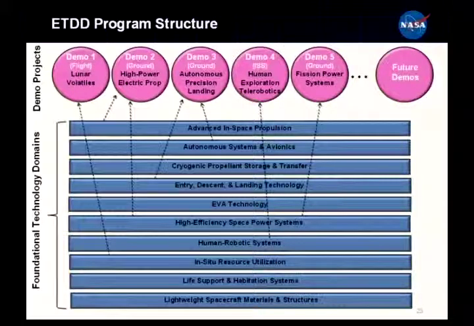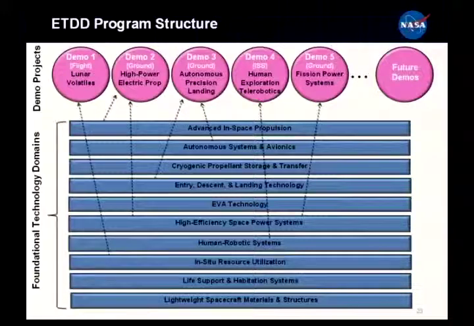Underlying these demonstration projects, you see in the blue bars there are foundational technology domains. These are 10 critical areas that we've identified that provide the long-range foundation for exploration activities, and they would supply technologies to the demonstration projects.